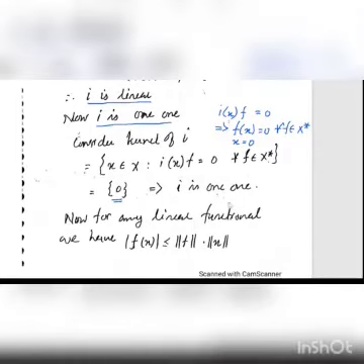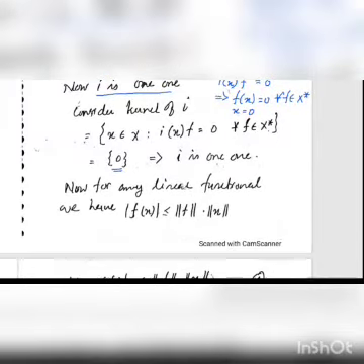By definition, this means f of x equal to 0 for every f belonging to X star, which is possible only when x is equal to 0. So I get the singleton set. Whenever the kernel is a singleton set, you have studied that the linear transformation is one-to-one. So I is one-to-one.